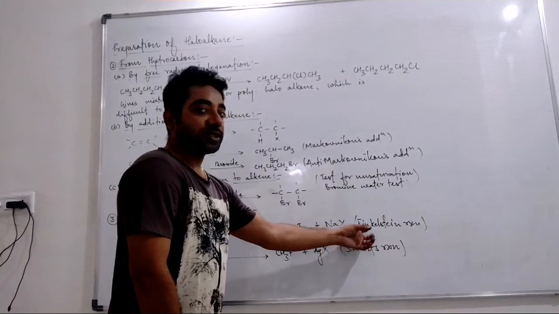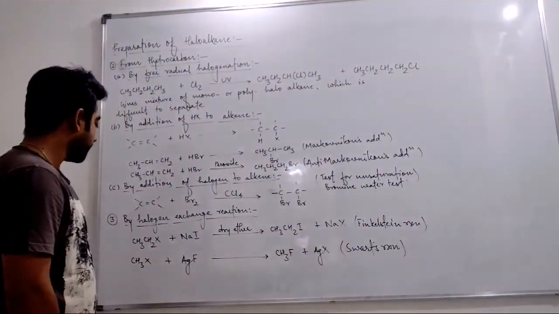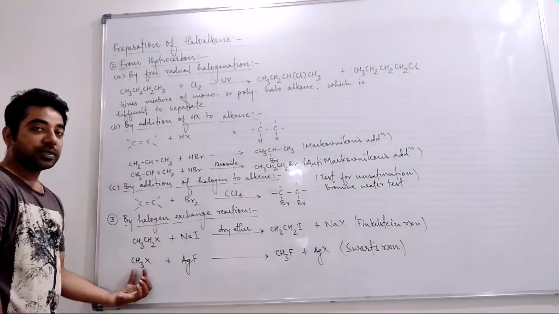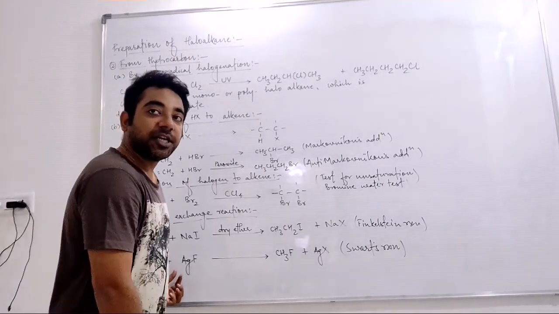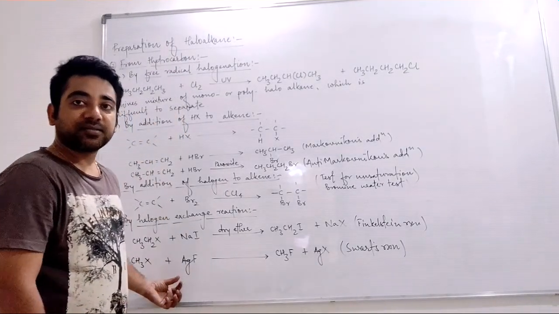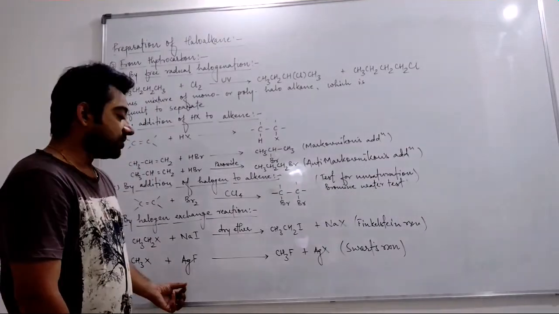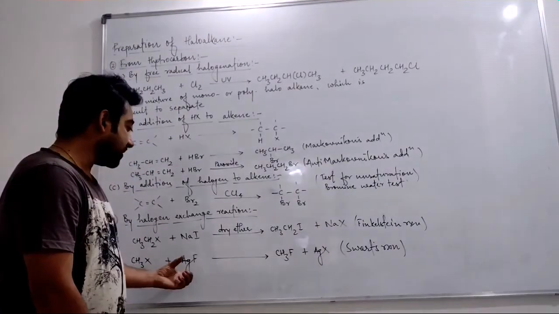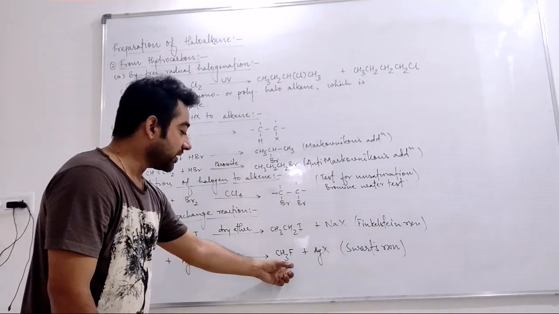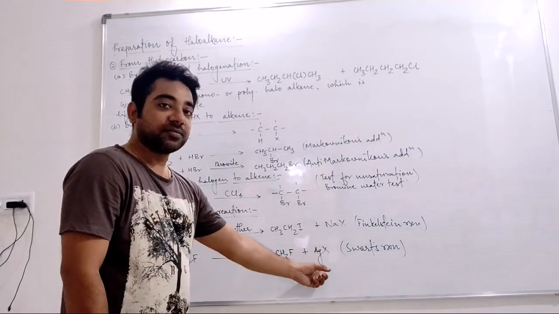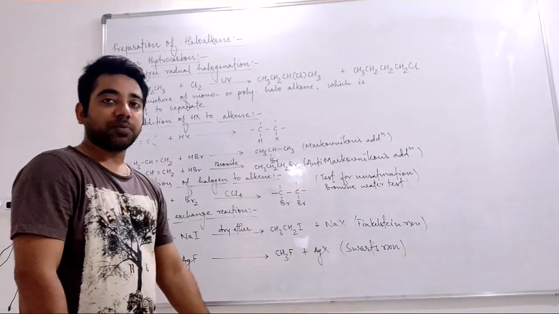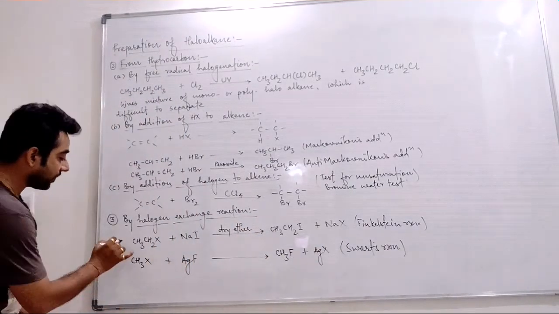And haloalkane upon reaction with heavy metal fluoride like silver fluoride, antimony fluoride, cobalt fluoride, with this kind of heavy metal fluoride it will react, and you will get fluoroalkane and silver halide. This reaction is popular as Swarts reaction.